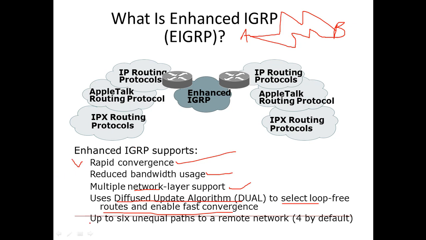It can support up to 6 unequal paths for a remote network, and the value is set to 4 by default. So the value of unequal paths is basically 4 by default, and you can make it up to 6.